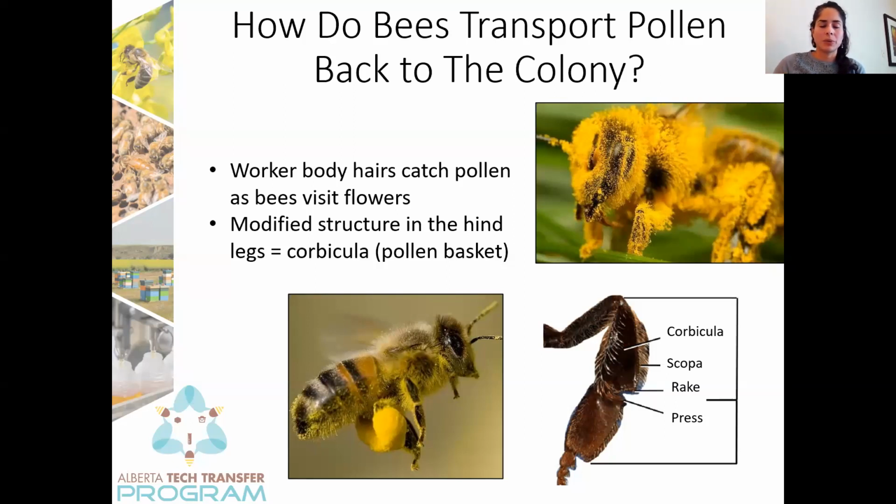And they transport the pollen back to the colony on their pollen basket, and they also use that same structure to transport resin, like I showed before, a bee with resin on their pollen basket. So they will also transport resin there. Sometimes the resin ball and the pollen ball look very similar.